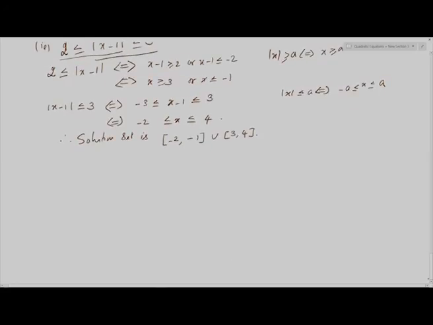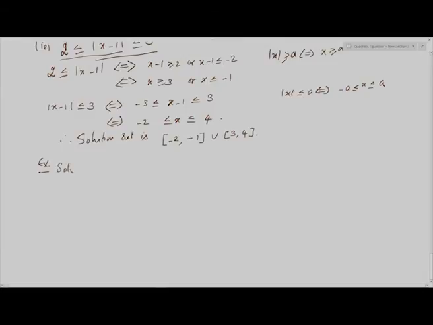Now let us see some problem with a different flavor, a little abstract.